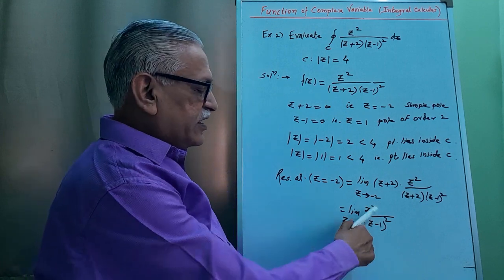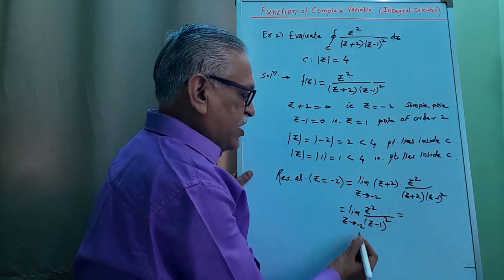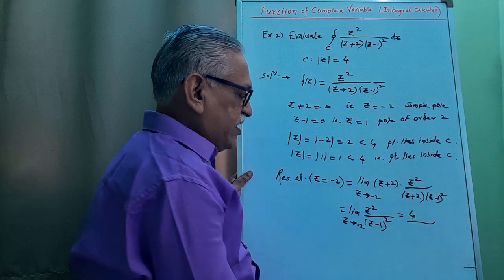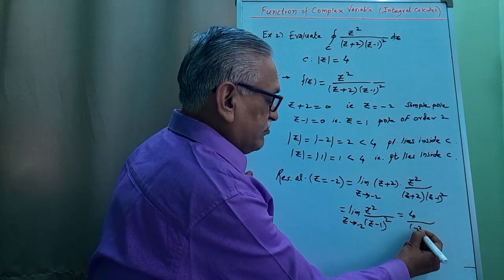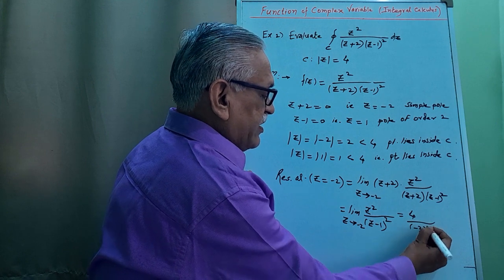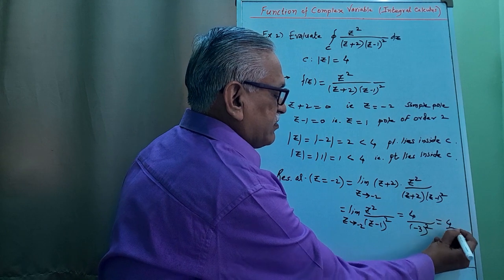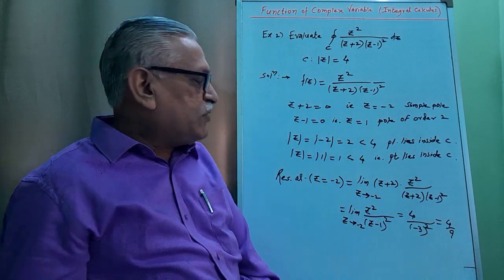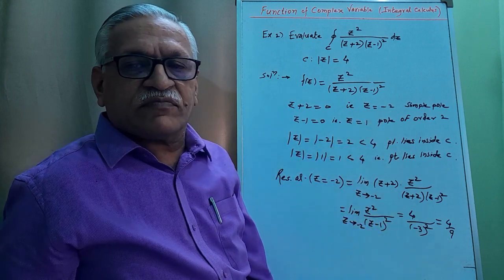And then substituting z is equals to minus 2 here, we get minus 2 square, that is 4, divided by minus 2 minus 1, minus 3, and its square. Therefore, that value is 4 by 9. The first residue at simple pole z is equals to minus 2 is 4 by 9.